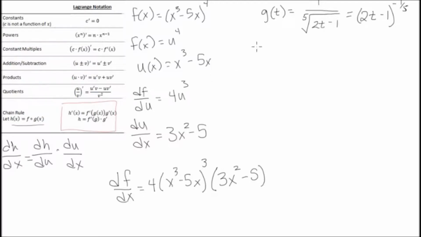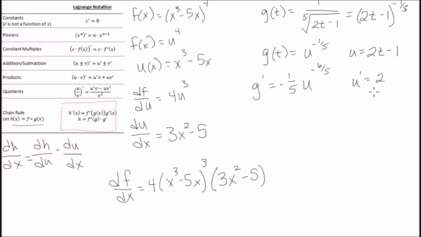So I can write g of t as u to the negative 1/5, where u is equal to 2t minus 1. I get that g prime is equal to negative 1/5 u to the negative 6/5, and I get that u prime is equal to 2.